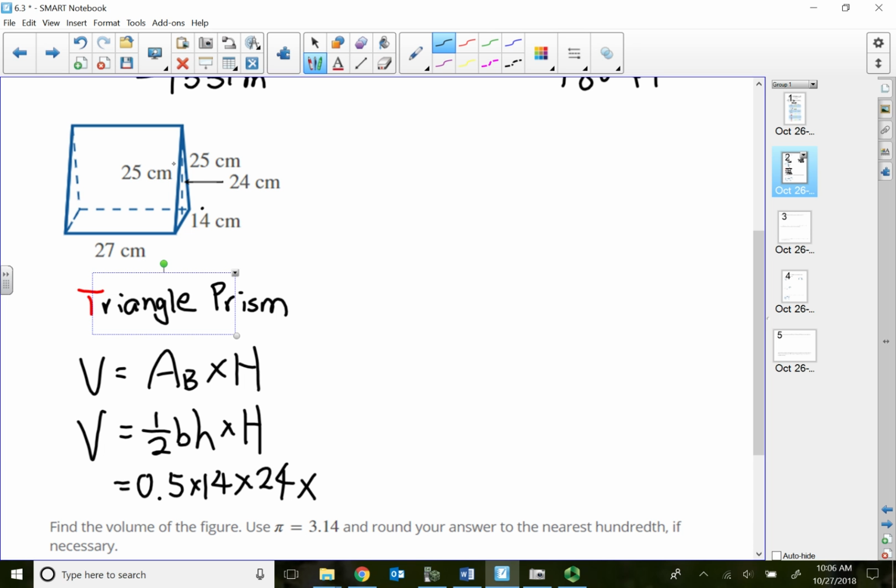If we place my triangle base facing downward and lift this up, then the actual height is the 27. How tall this prism is. Just lift it up, with one triangle face facing downward and the other triangle face facing upward, that will tell me my entire height.